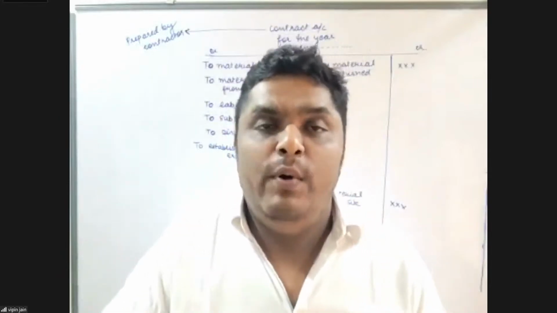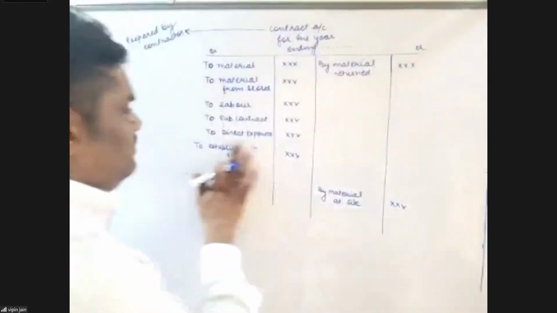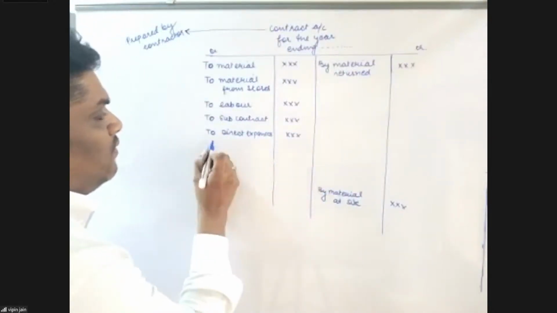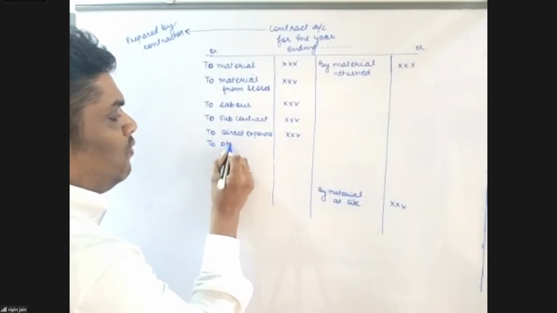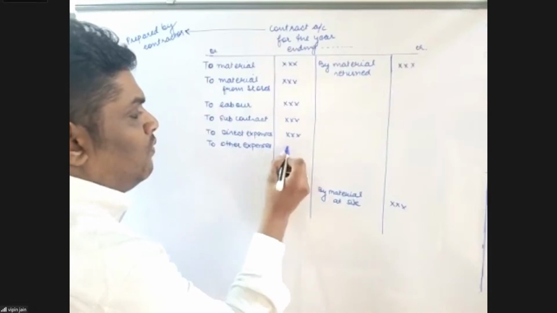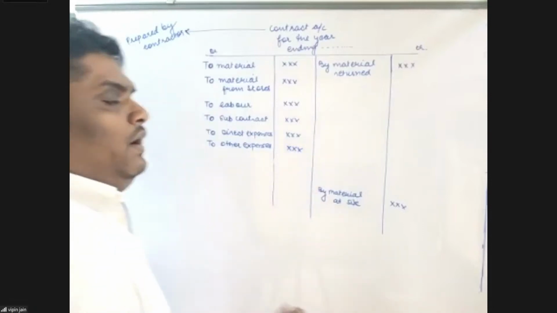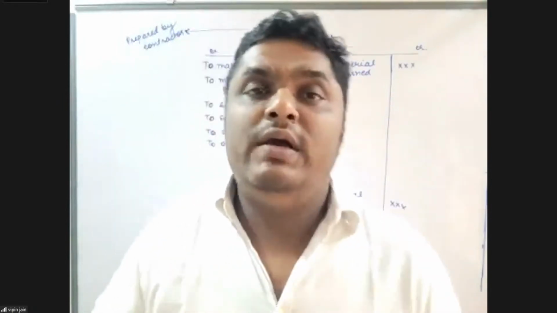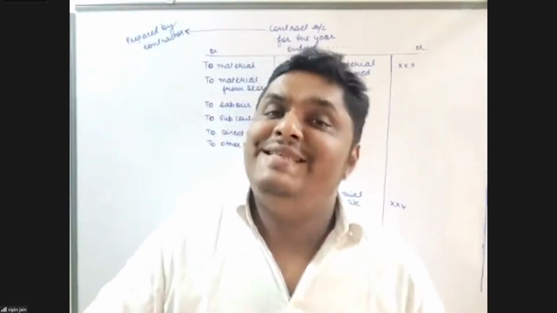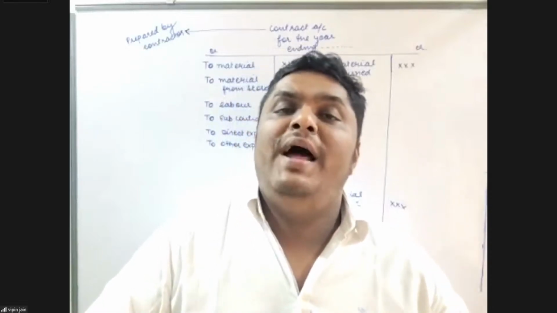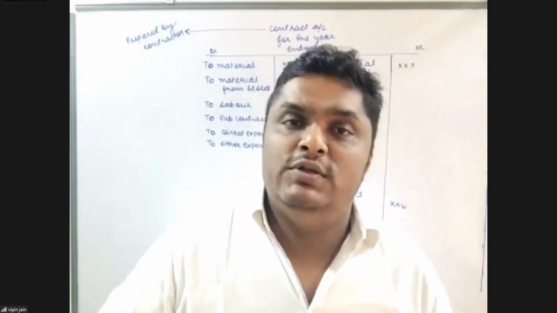Now, guys, very important. Let's say in the question it is given that plant sent to site is 1 lakh rupees and the value of the plant at the year end is, let's say, 60,000 rupees.